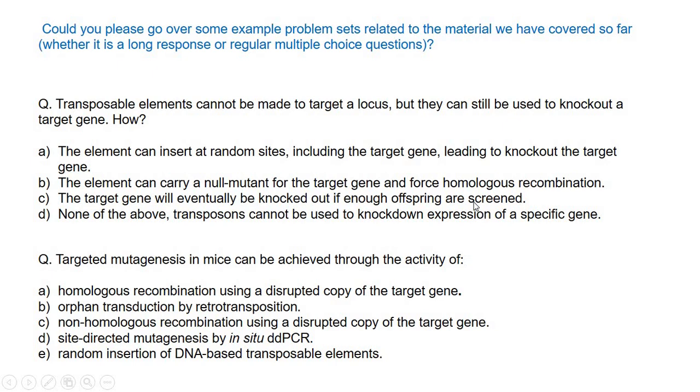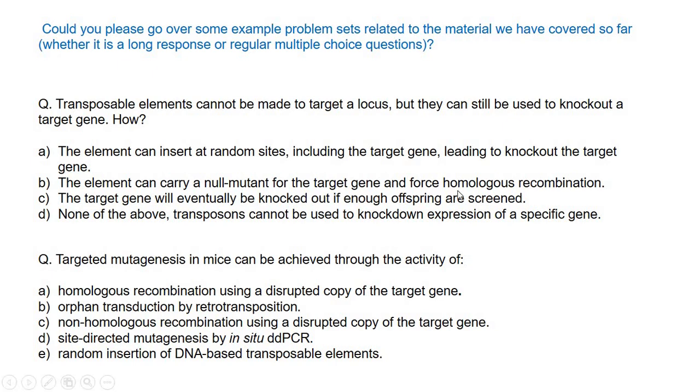The target gene will eventually be knocked out if enough offspring are screened. Well, we can screen a lot of offspring, but if we don't use any way to knock out a gene, there won't be any knockout. We can keep screening, but if we haven't really done anything to that individual, there won't be any knockout.